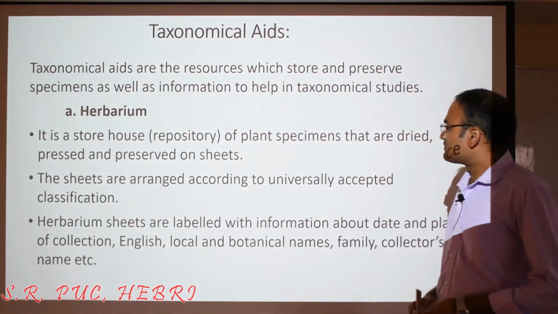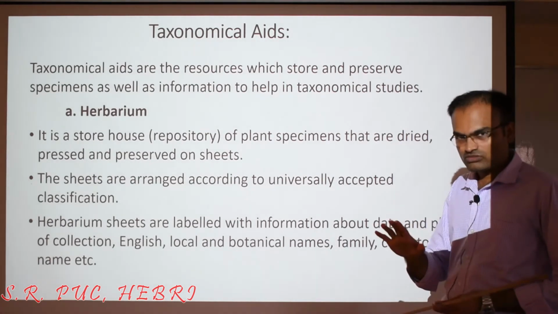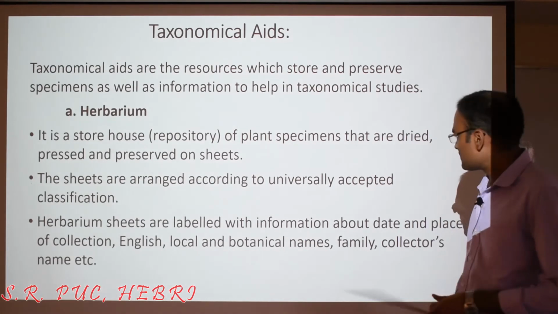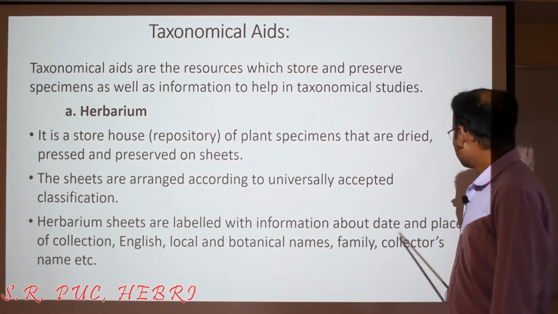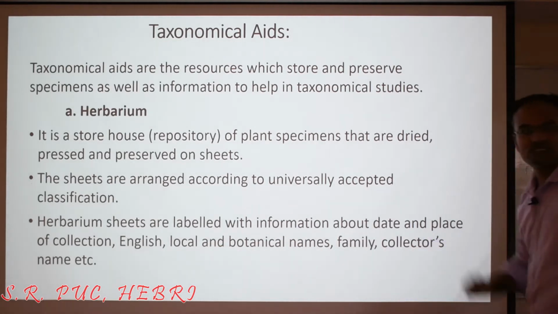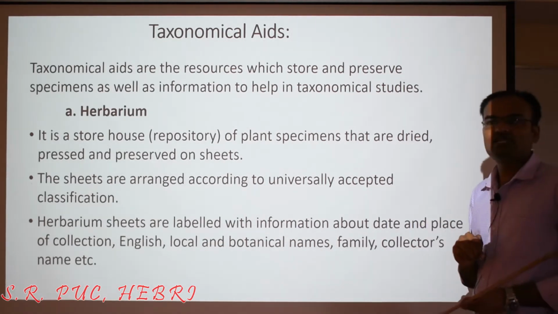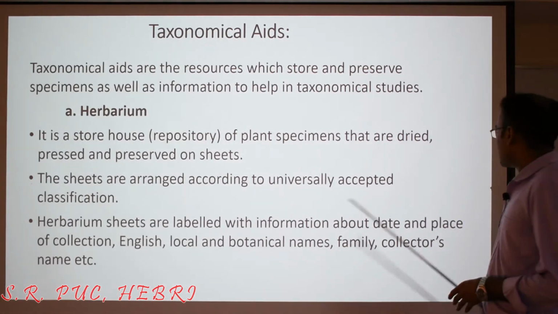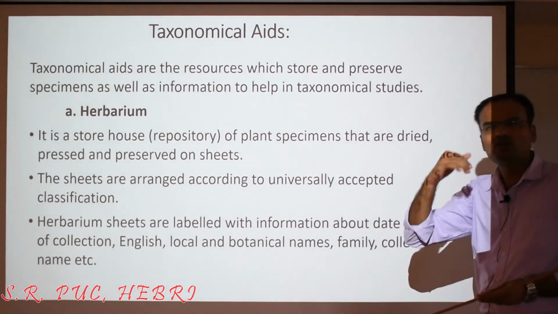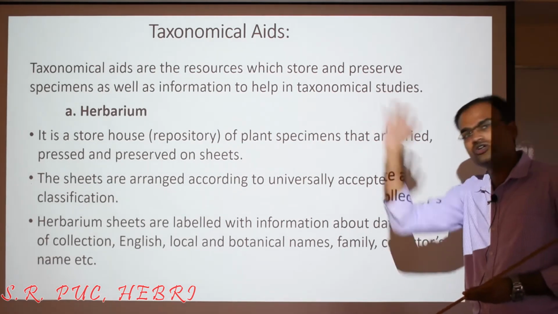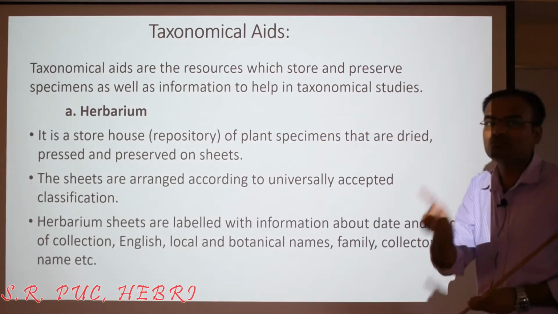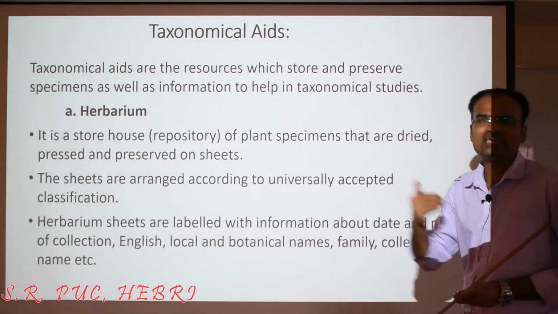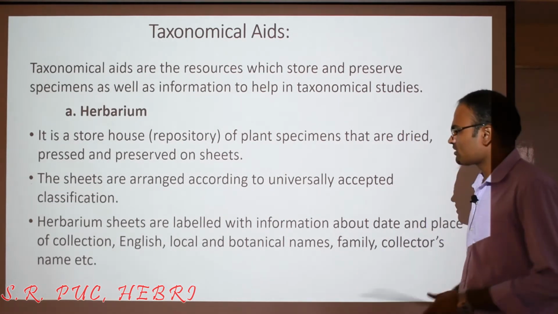Herbarium sheets are labeled with information: the date and place of collection, that is, on which date the plant specimen was collected and the place where it was collected. Any corner of the world it may be, but the name of that place has to be mentioned on the herbarium sheet, so that we can easily identify where it is from.